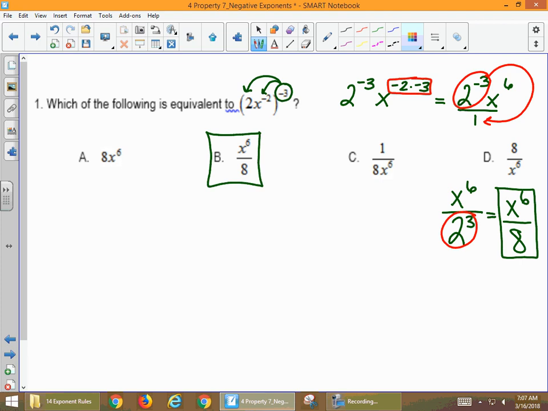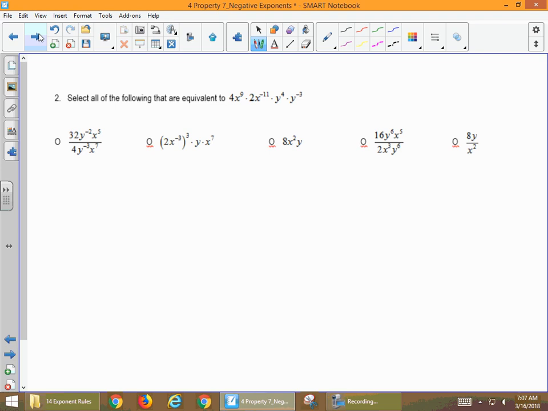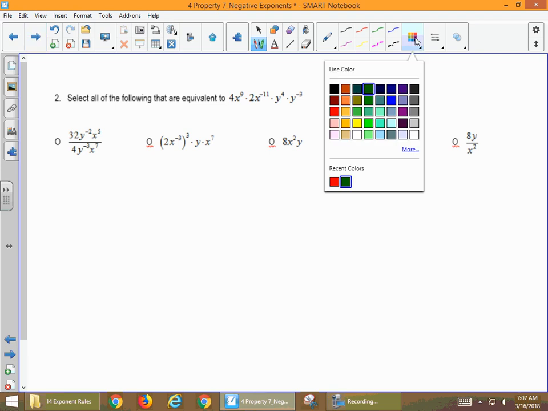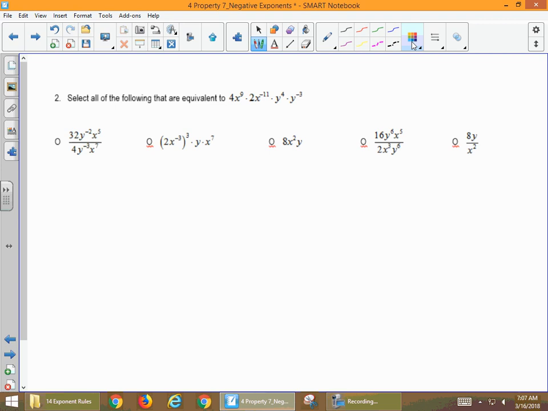So since it said which, we're only looking for 1 there. Now, if it says select all that apply, we have lots of examples. We could be picking all of them. So you have to be really careful with this one.